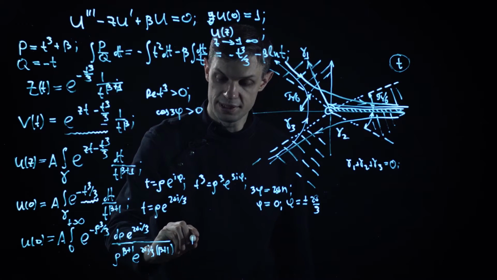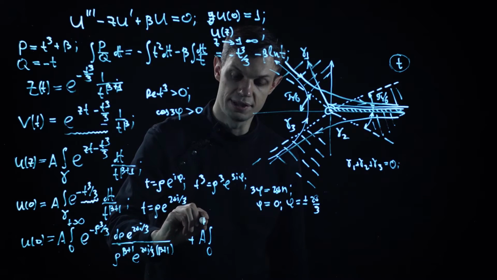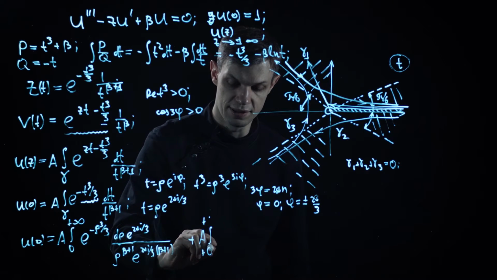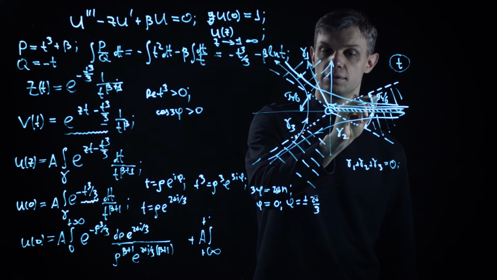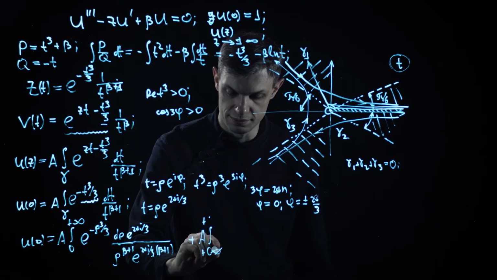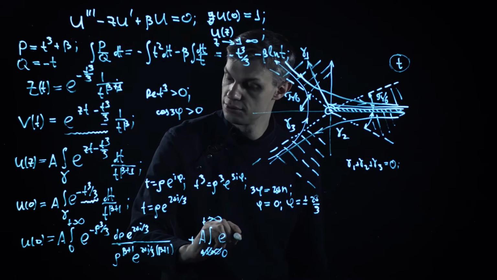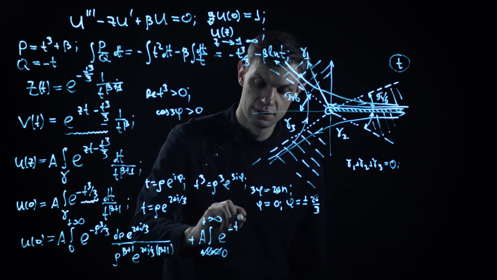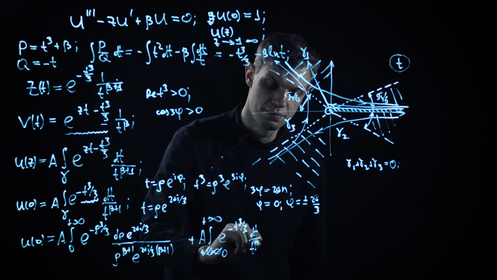And for the first piece, it is simply the integral from 0 to plus infinity of e to the minus t cubed over 3, dt over t to the beta plus 1.